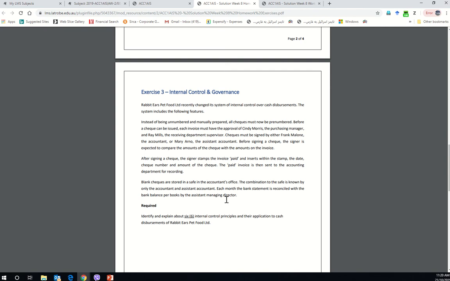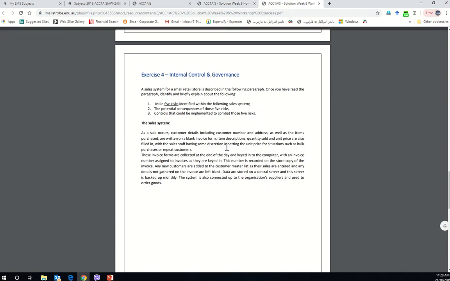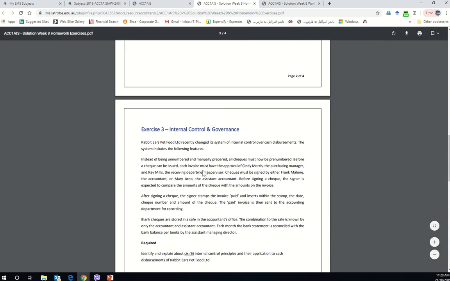They are following all the internal control principles, and then exercise 4 from the workshop is an example of the worst practice in which they haven't followed any internal control principles, right? So have a look at these 2 exercises, compare them with each other, understand the concepts behind internal control, and then review other exercises. Okay.